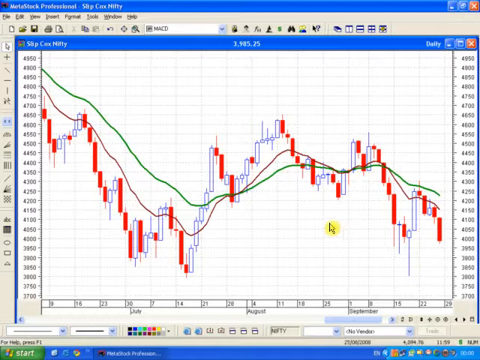Now let me give you a simple example. In this case the low was made somewhere near say 3800. The price went above the moving average. Now we have got two moving averages here. The brown one is the 12-day exponential moving average, while the green one is the 26-day exponential moving average.